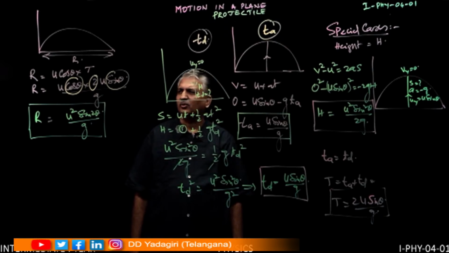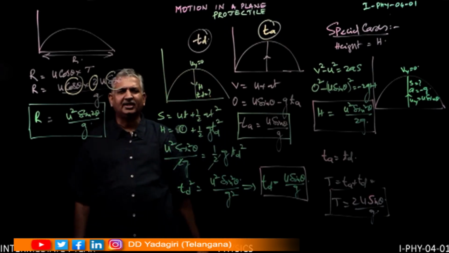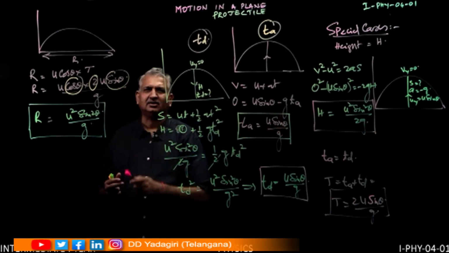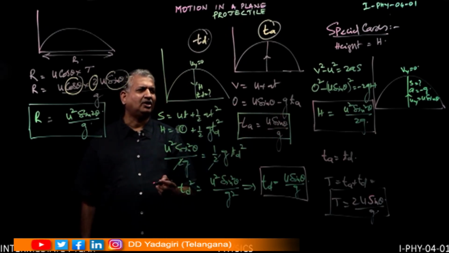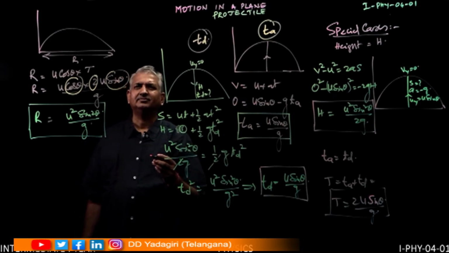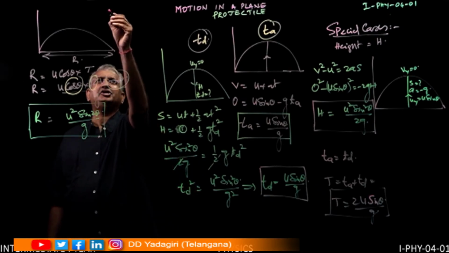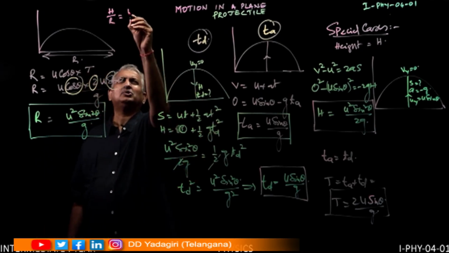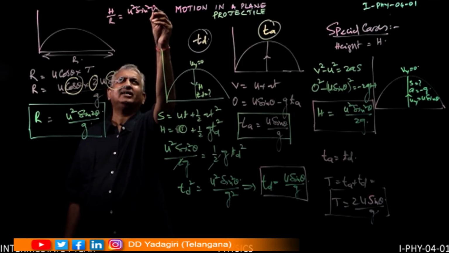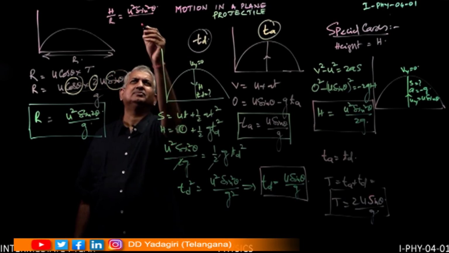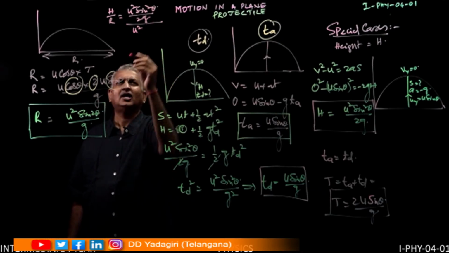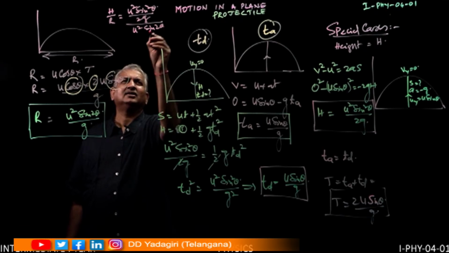Here now I want to calculate the value of h by R for a projectile. What is the h? u² sin²θ / 2g divided by u² sin 2θ / g.